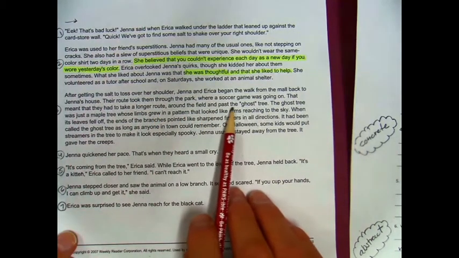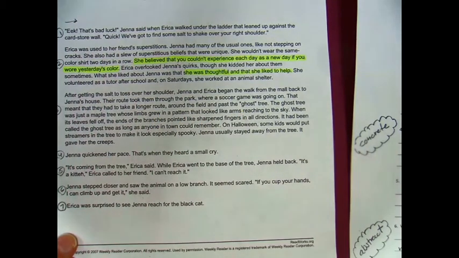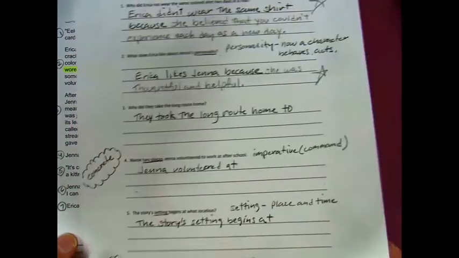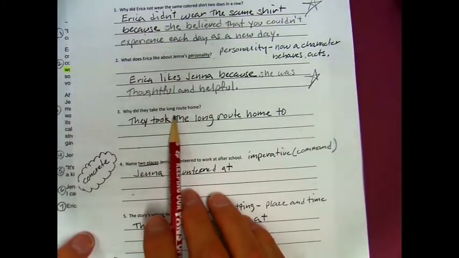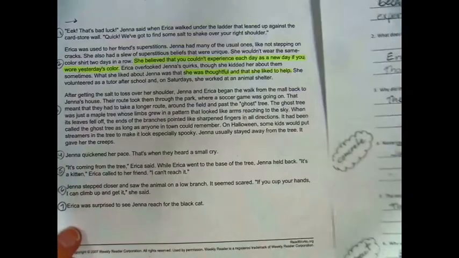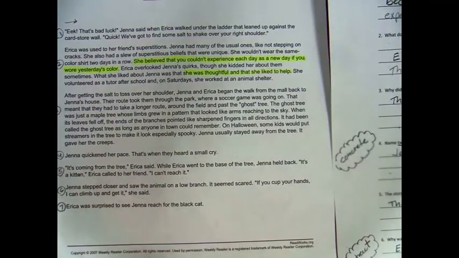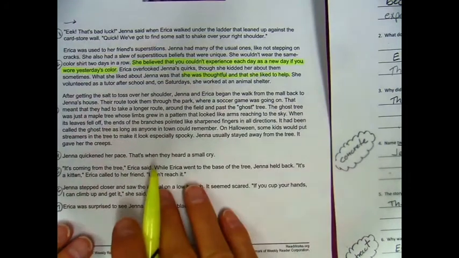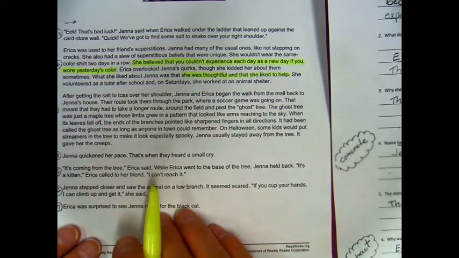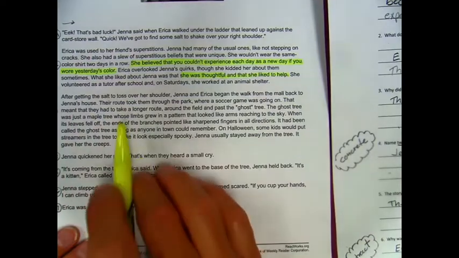Why did they take the long route home? Can you find that answer in paragraph 3? They took the long route around the field past the ghost tree, but why?